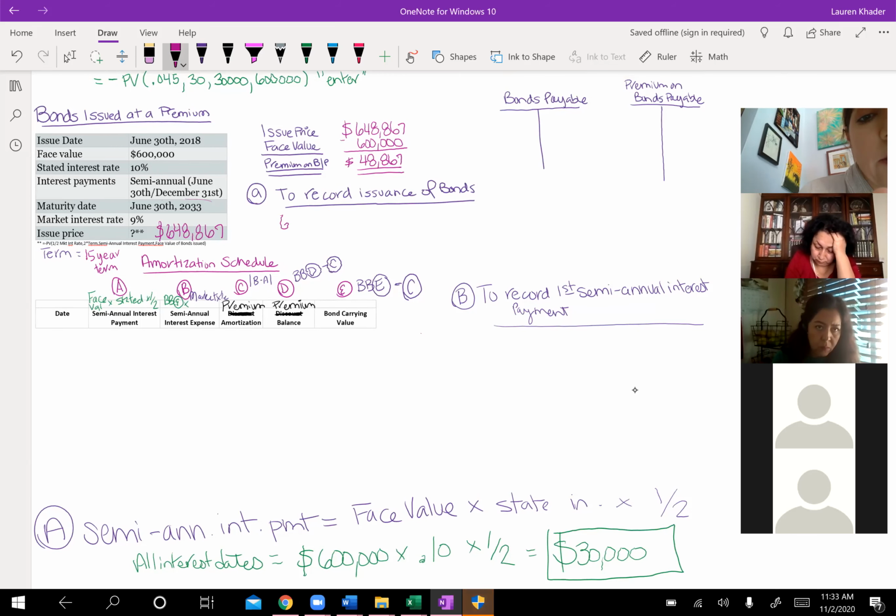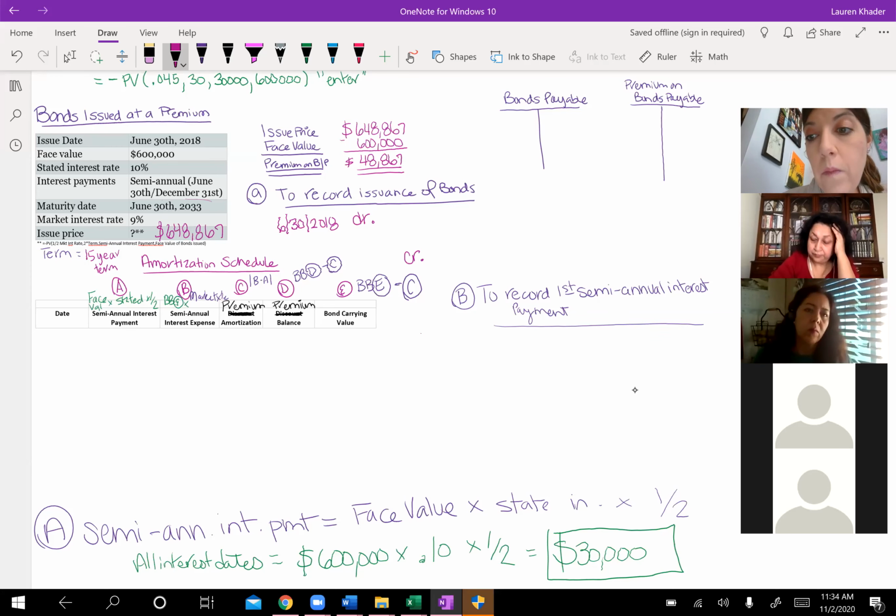On the issue date, which is June 30th, 2018, write a debit, skip a space, and write a credit. And on the issue date, what will we be debiting? Cash.